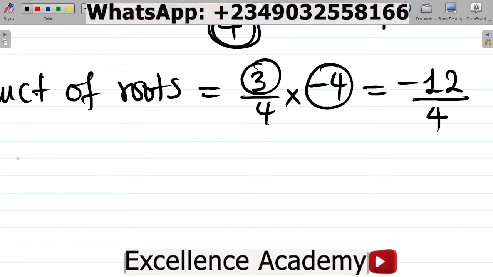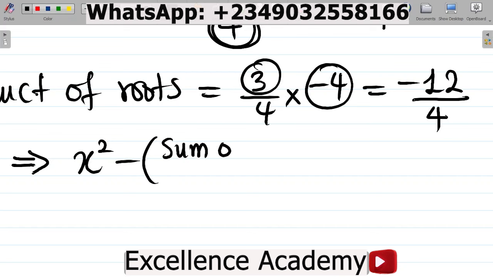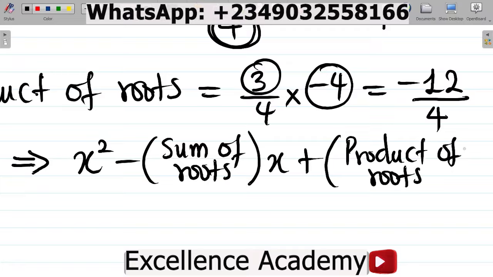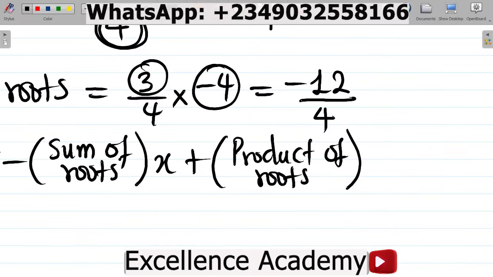Next, to form a quadratic equation, the formula is simply x squared minus sum of roots x plus product of roots, equal to 0.